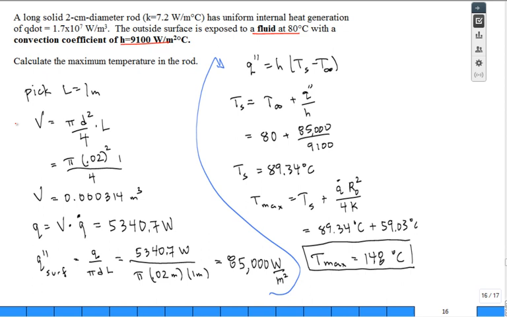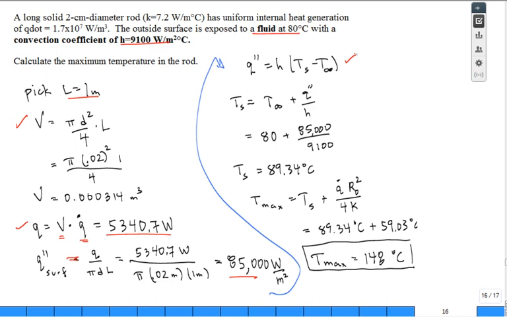So we find the volume for 1 meter length of that rod, multiplied by the rate of heat generation per unit volume to get the total number of watts that have to come out of that rod, divide by the area to get the flux. So this is 85,000 watts per meter squared. Yes, you can do that a little more streamlined if you like, but avoid errors.